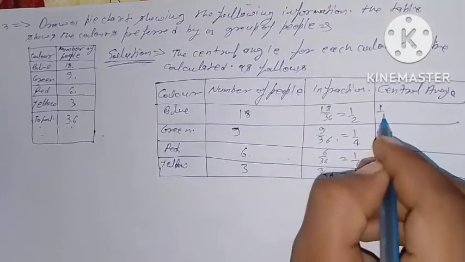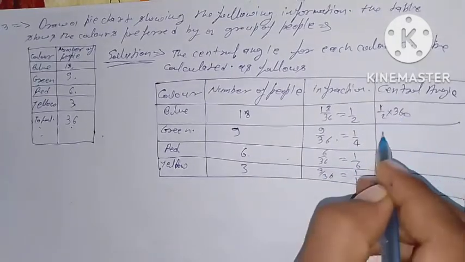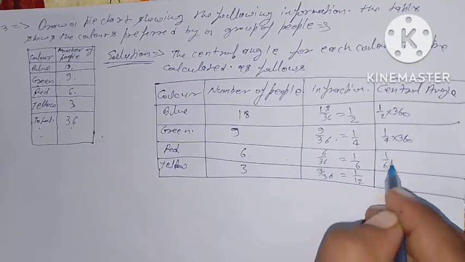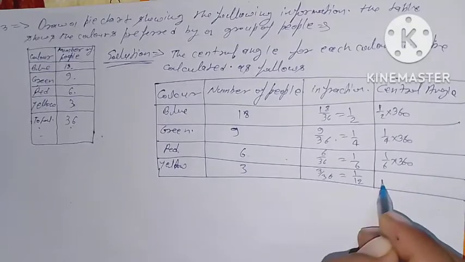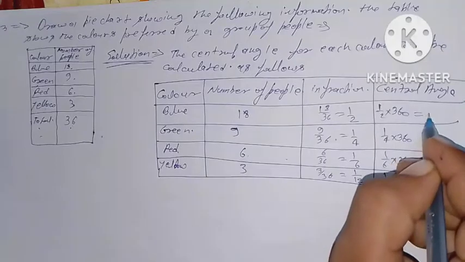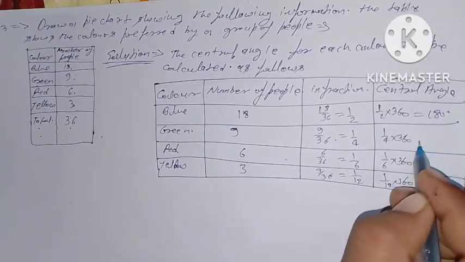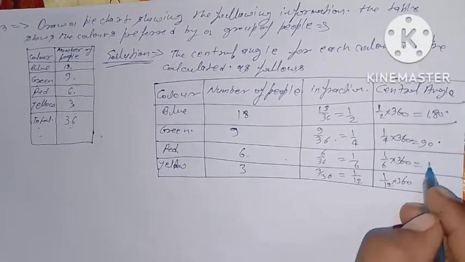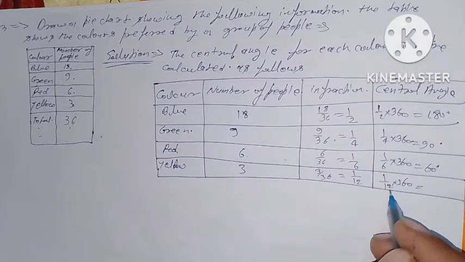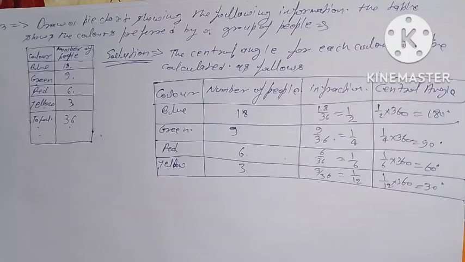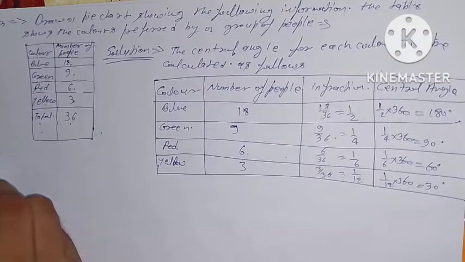So 1 upon 2 multiplied by 360 degree, 1 upon 4, 1 upon 6, and 1 upon 12 multiplied by 360 degree. This gives 180 degree, 90 degree, 60 degree, and 30 degree.